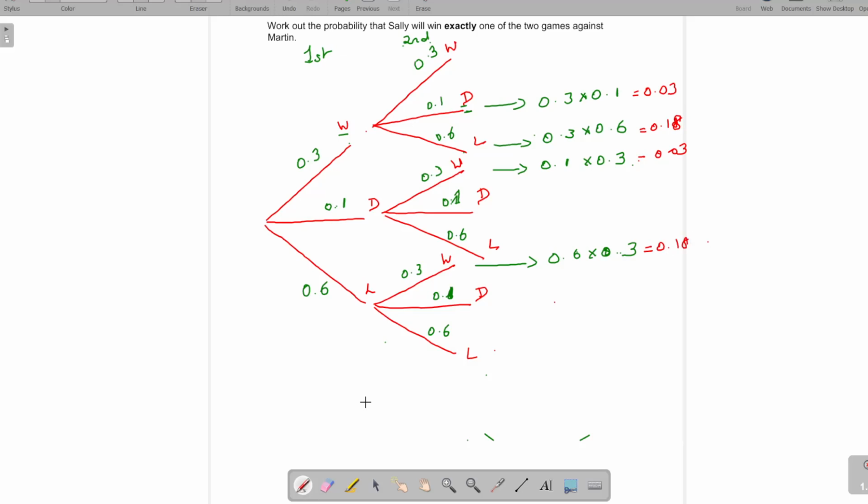So it will be adding together 0.03 plus 0.18 plus 0.03 plus 0.18. So if you add them together, that will be 0.42. That's the end of the questions.